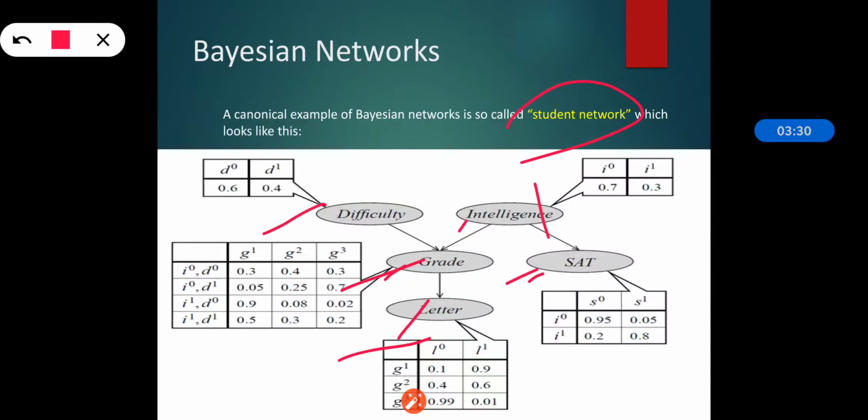If we look at the edges in the graph, we can encode the dependencies. The grade of the student depends on the difficulty of the particular class and the intelligence of the particular student.